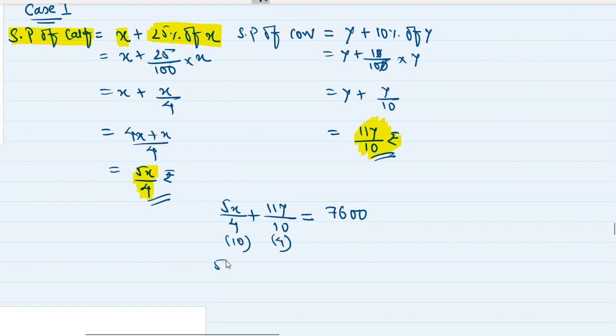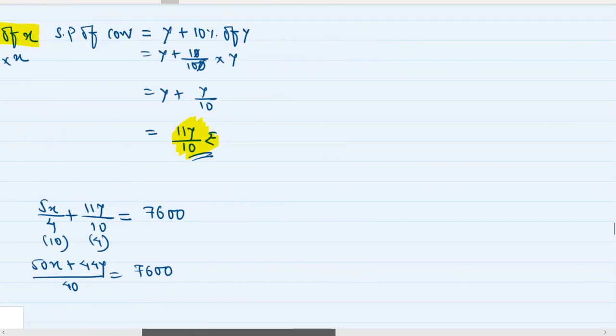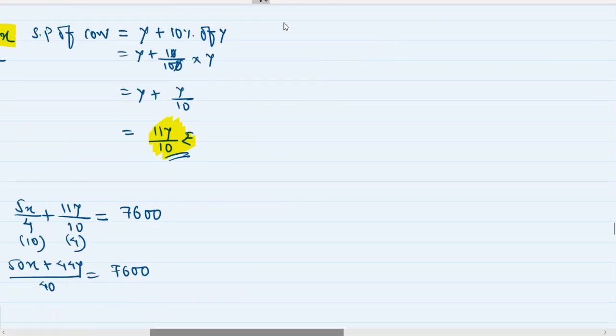So this becomes 50x plus 44y the whole upon 40 is equal to 7600. So this will be 50x plus 44y is equal to 7600 multiplied by 40.